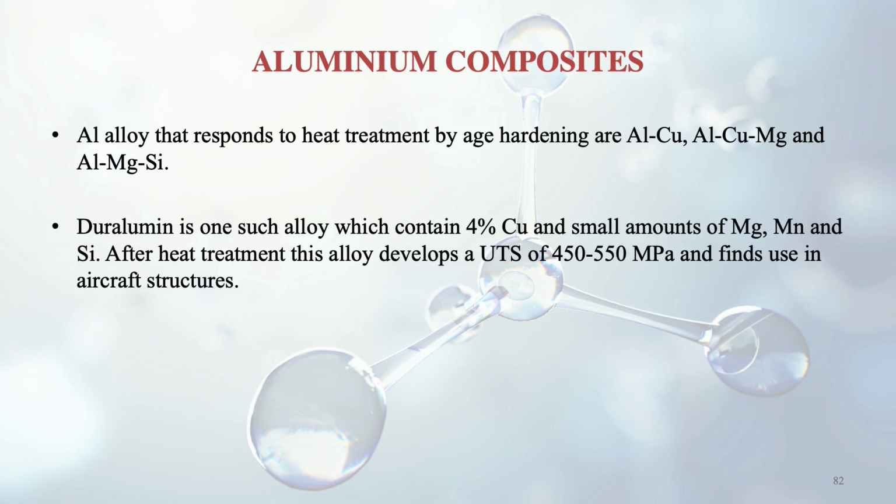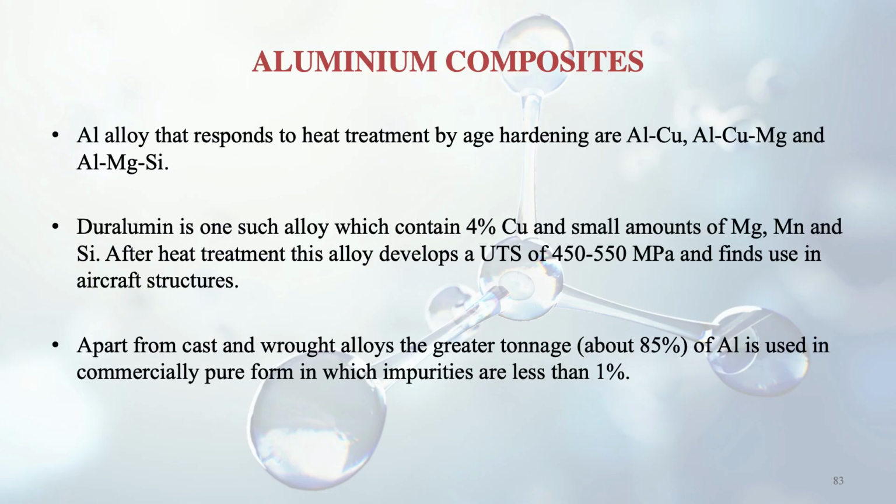Duralumin is one such alloy, containing 4% of copper and small amounts of magnesium, manganese and silicon. After heat treatment, this alloy develops ultimate tensile strength of 450 to 550 megapascal, and it is very commonly used in aircraft structures. You may have learnt this in your general knowledge also, sometimes it is asked. Duralumin is a very common word and a very famous thing.